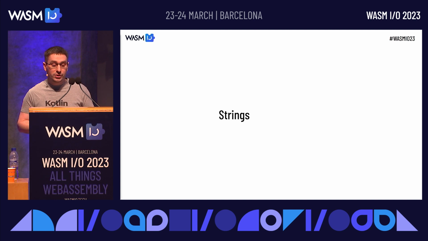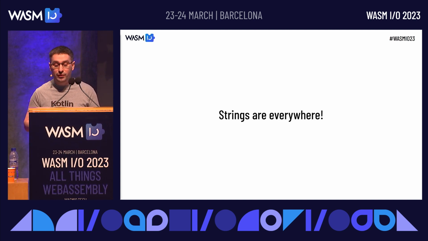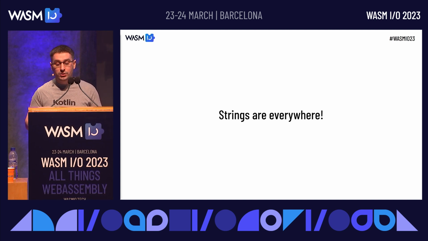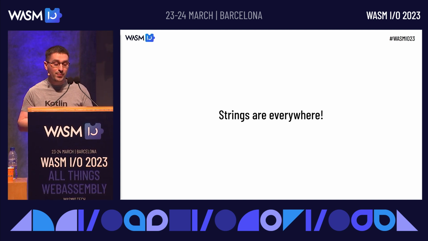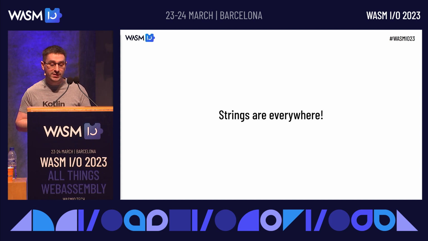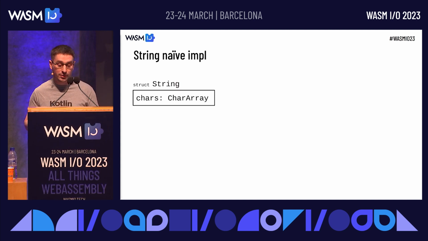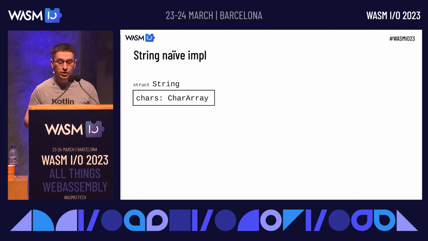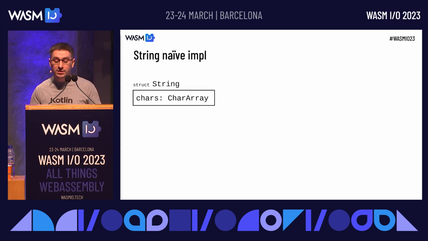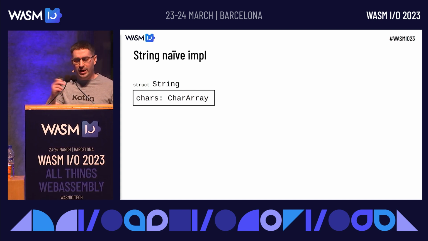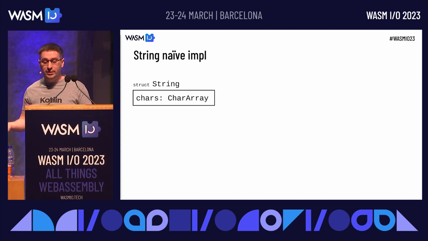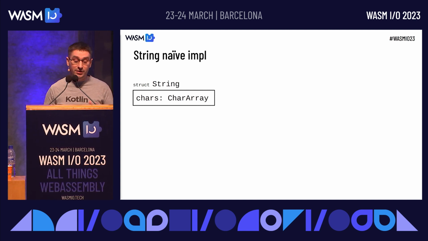Let's move to string internals. Most real-world applications work with strings a lot. So string implementation may have a big influence on the performance and memory usage of your application. At the start, we had a simple naive implementation, which is just a wrapper over an array of chars, and it is good both in terms of memory footprint and performance, except for one thing: concatenation.